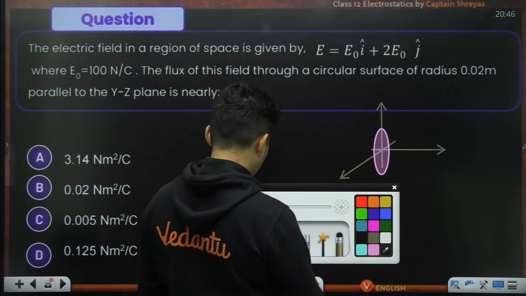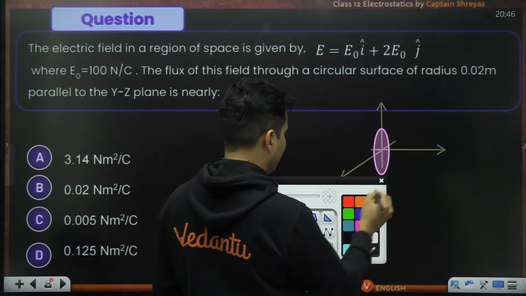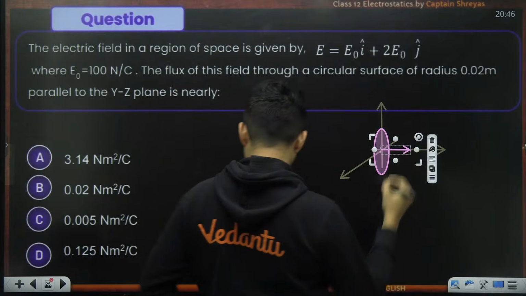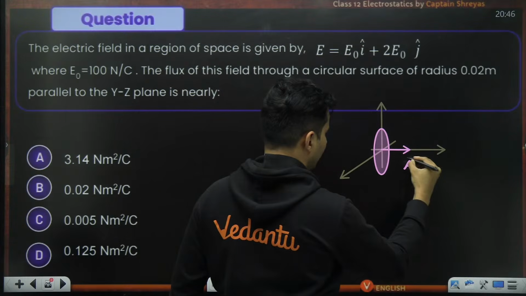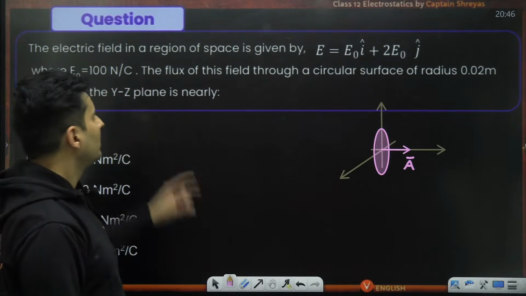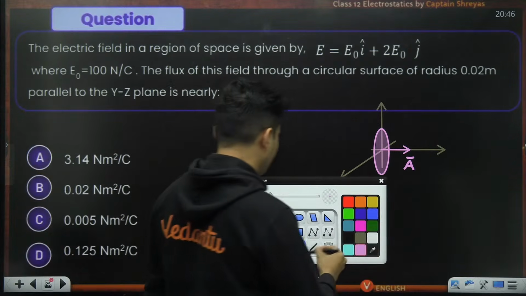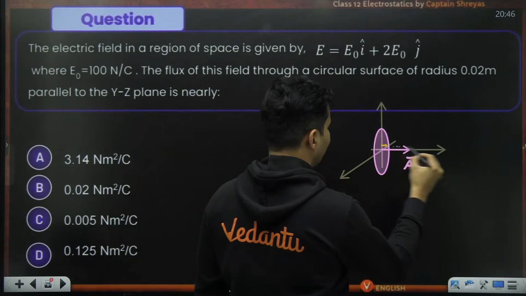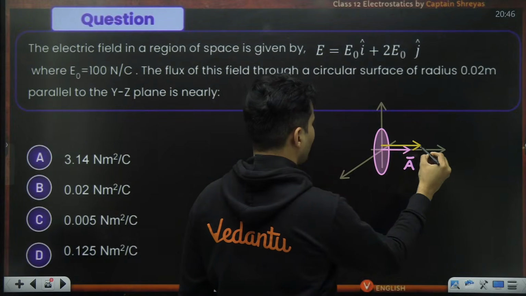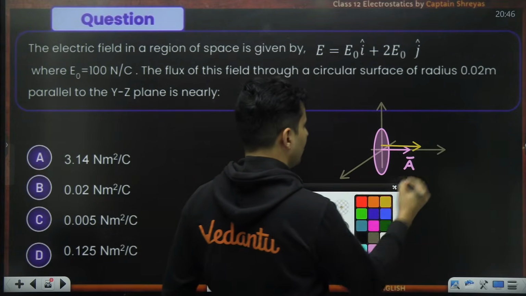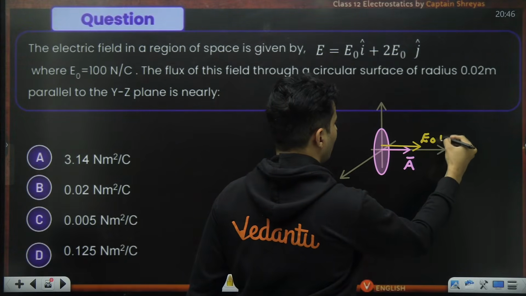The area vector for this would be over here. This would be the area vector for that particular circle. Where is the field? It is in i cap and it is also in j cap. Now this is very interesting. There is some field which is like this, which is basically E naught i cap.